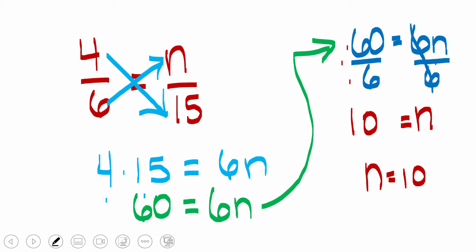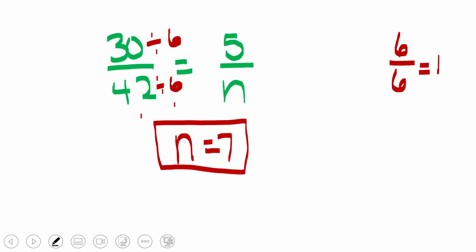N equals 10 in cross multiplication. When will you need cross multiplication versus multiplying or dividing by a fraction that equals 1? Follow your instructions to decide that. Always follow instructions.